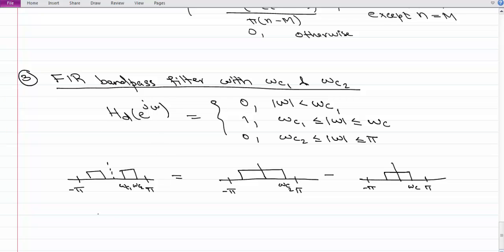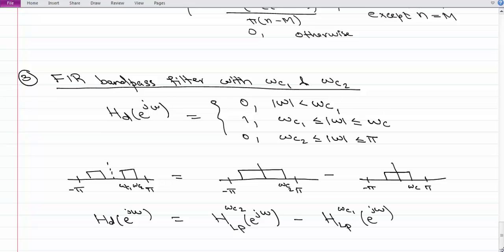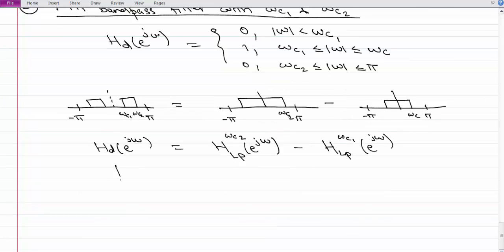Right? So this means that H_D(e^{j omega}) is simply equal to a low pass filter with omega C2 cutoff minus a low pass filter with omega C1 cutoff. And now you just take the inverse Fourier transform.